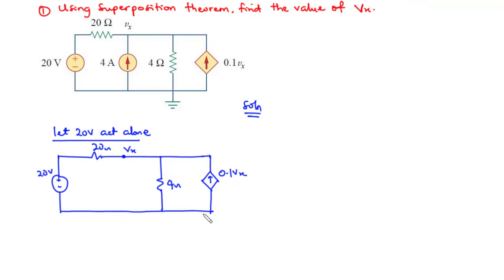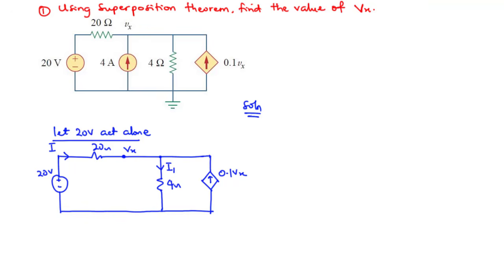Now the next thing we are going to do is current distribution. So we have current I produced by the 20 volts. This current flows through this direction, and then at this point we have current I1 flowing in this branch.